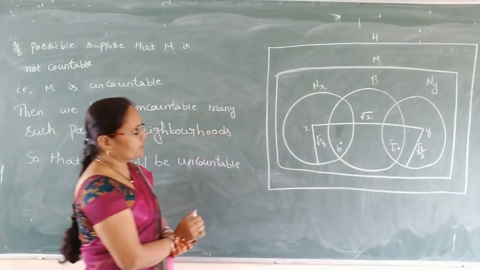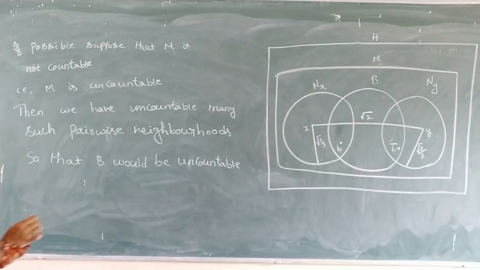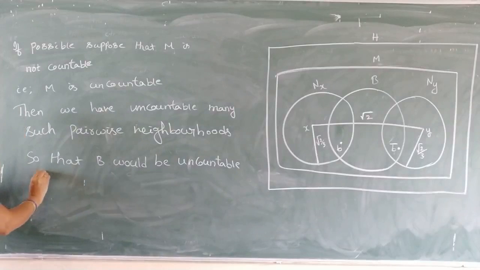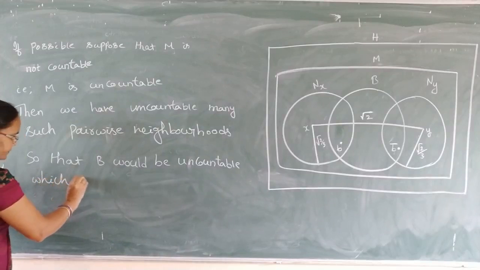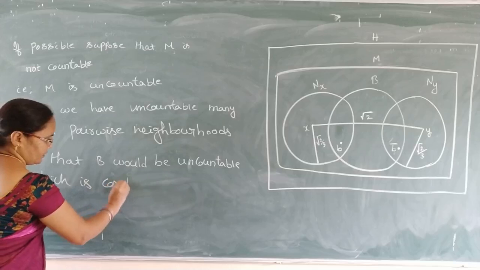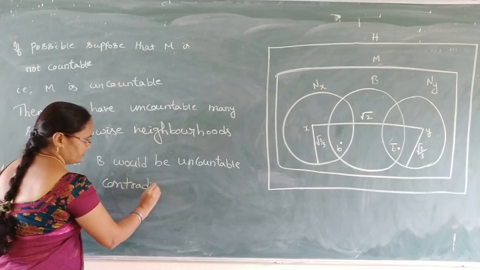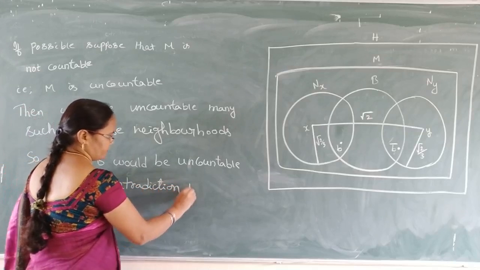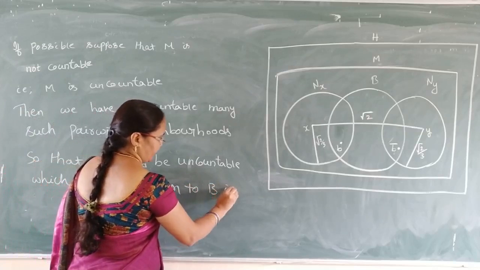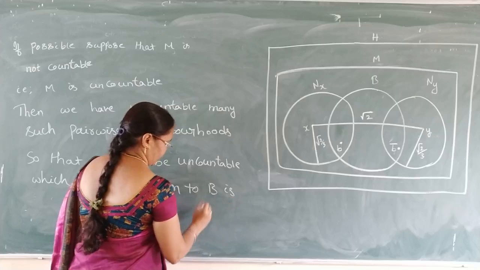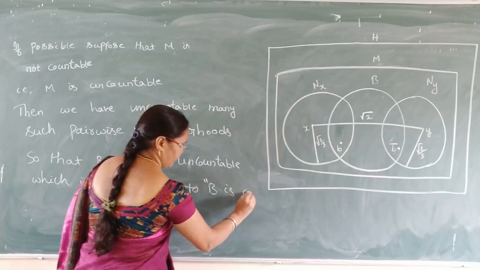B being uncountable is a contradiction to B is countable.